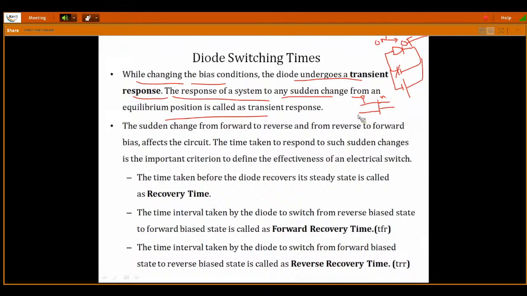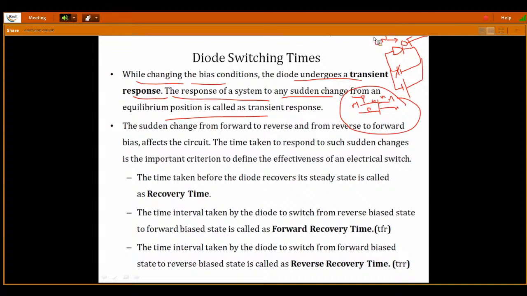Now, the p-type material has majority charge carriers, the holes, and minority charge carriers, the electrons. The n-type material has majority charge carriers as electrons, and minority charge carriers as holes. I will take this diagram in the next slide. Meanwhile, I am explaining what the equilibrium state is. At the equilibrium position, it is not in forward bias, it is not in reverse bias. I may call that an open circuit case.